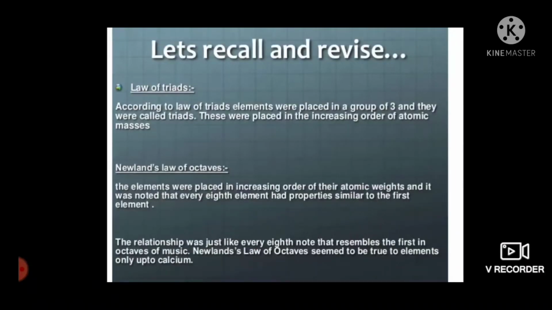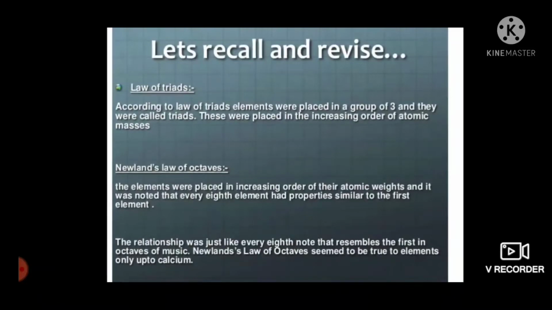You have already learned about the modern periodic table and earlier classification of elements. Let's recall the earlier classification of elements. Law of triads or Dobereiner's triads. In 1829, a German scientist, Johann Dobereiner, classified certain elements in groups of three called triads.